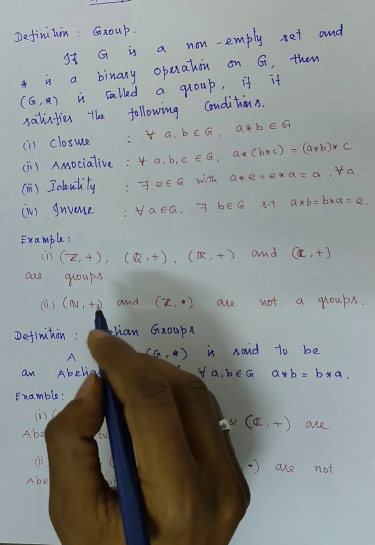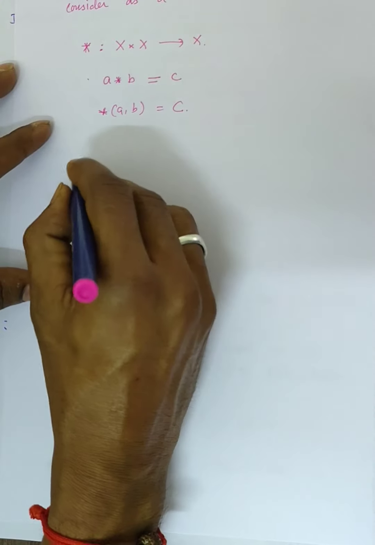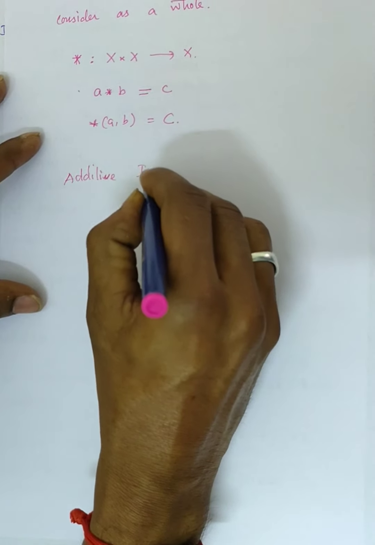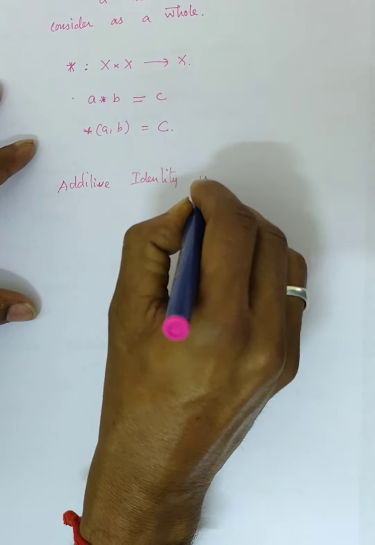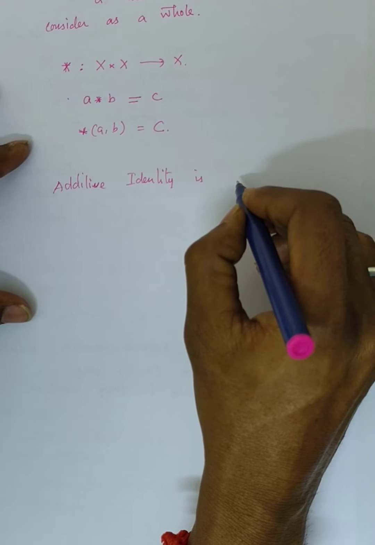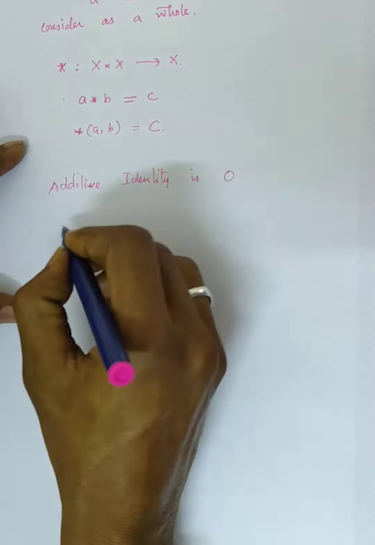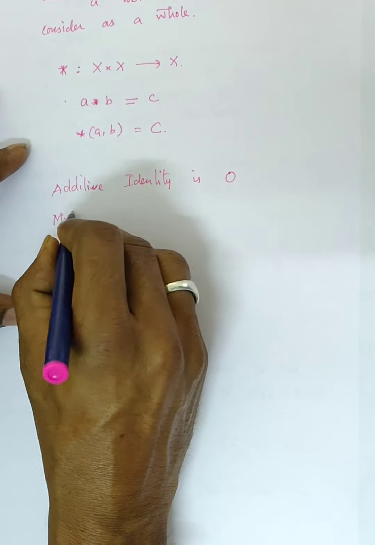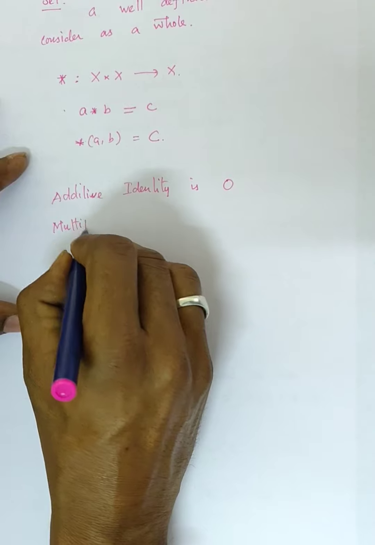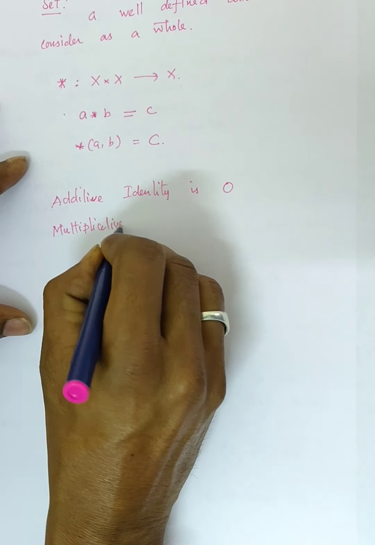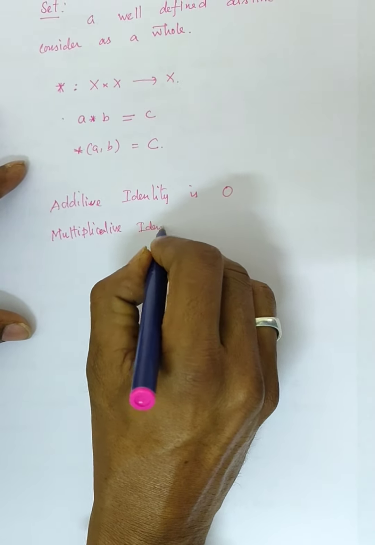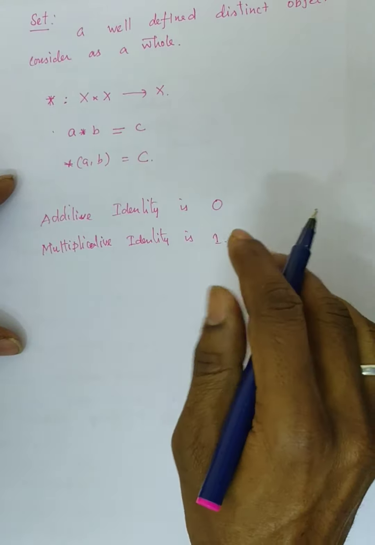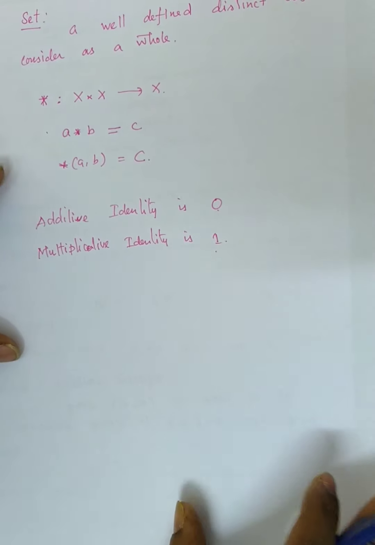Because why? Additive identity is 0, and multiplicative identity is 1.